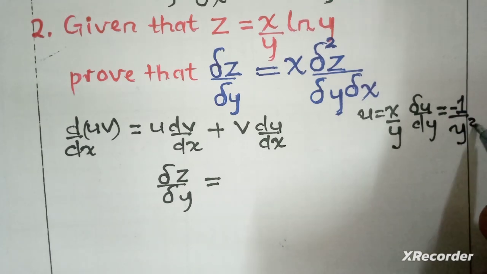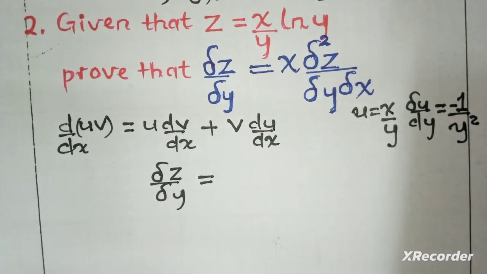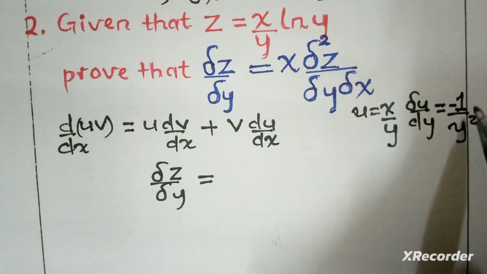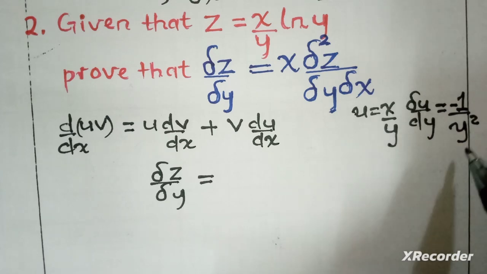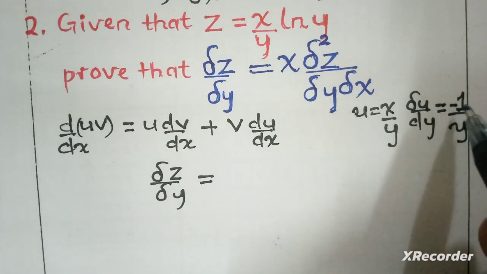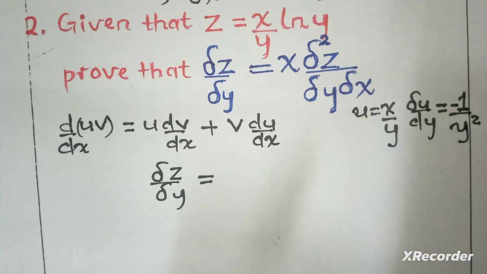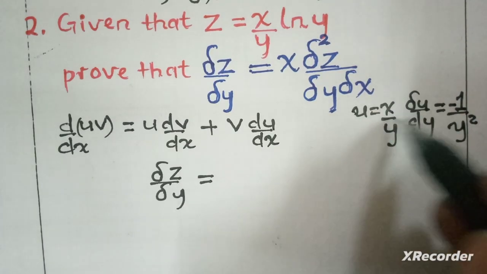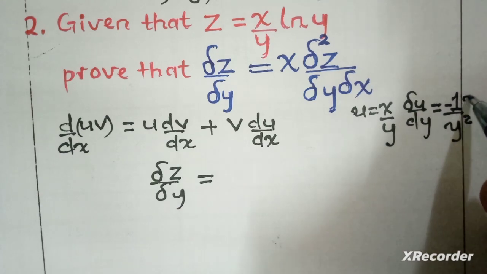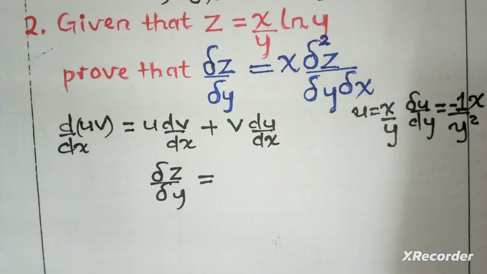Guys, I have followed a shortcut there because I should have written y raised to negative 2. But now I have chosen just to put it like that. Otherwise it was supposed to be y raised to negative 1, and this x is there. We have said this x, we consider it as constant, so I will put it there.